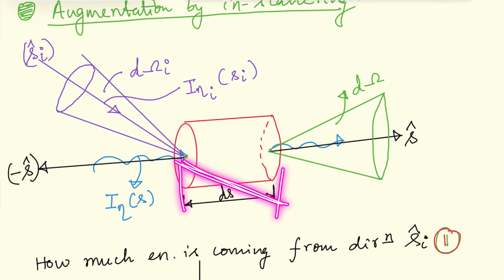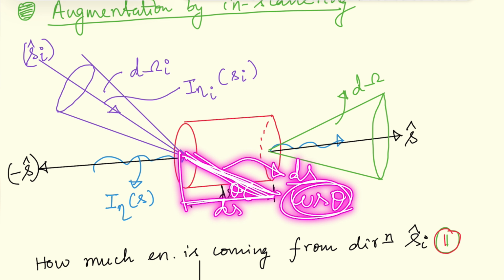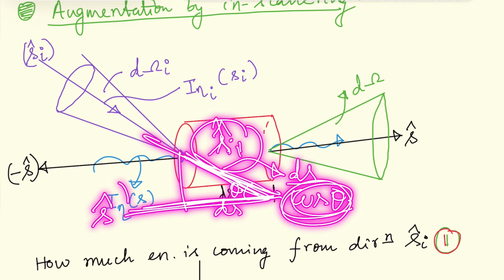If this is ds and this is theta, then this length will be ds by cos theta, and cos theta is SI cap dot S cap.